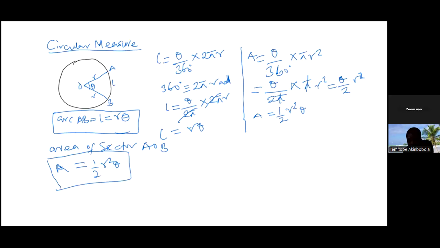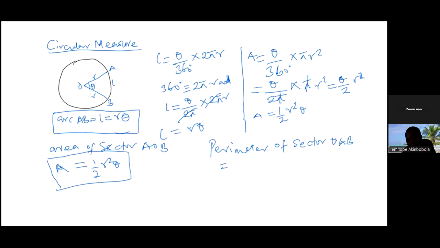So if you are asked to find the perimeter of the sector OAB, you know that perimeter is the total distance around the boundary of the plane shape.